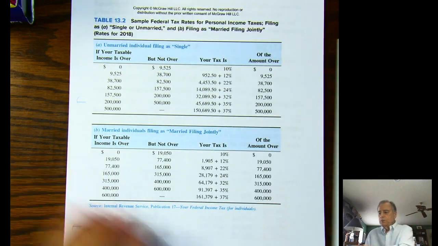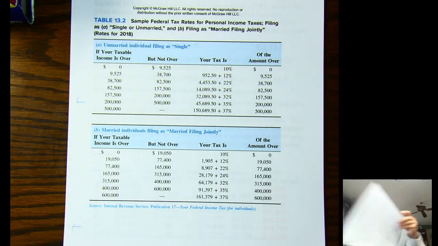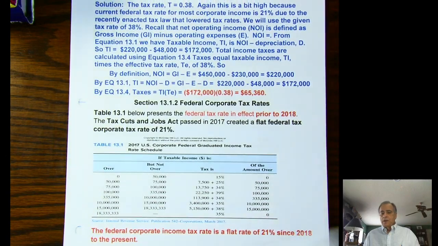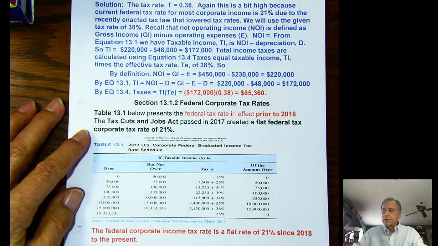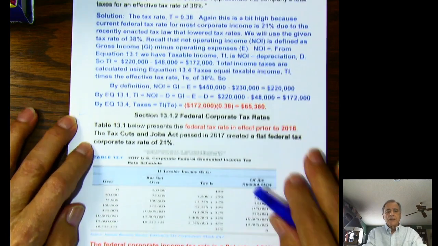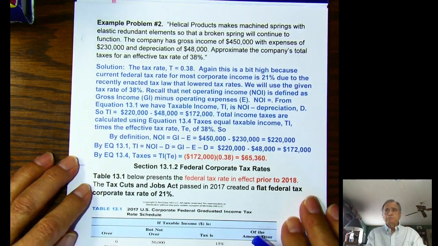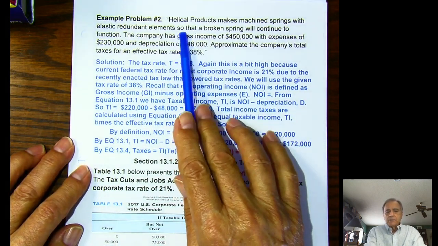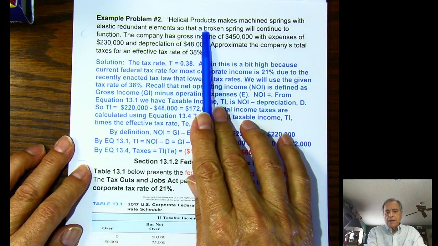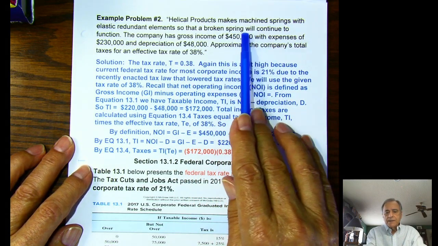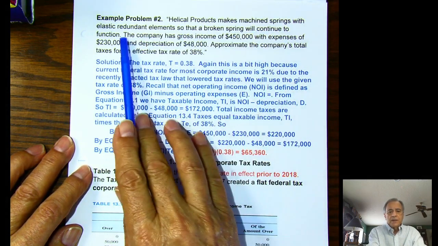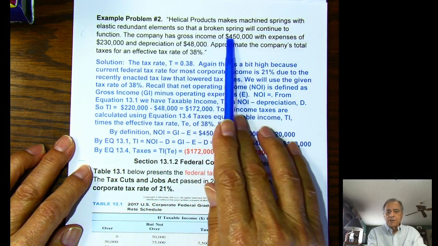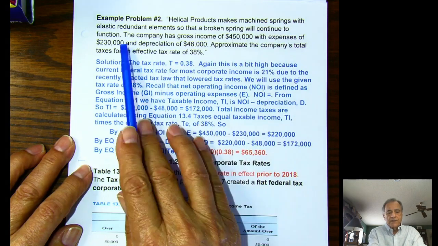So we'll move on to an example problem, specifically using some of these equations. This problem says Helical Products makes machine springs with elastic redundant elements so that a broken spring will continue to function.